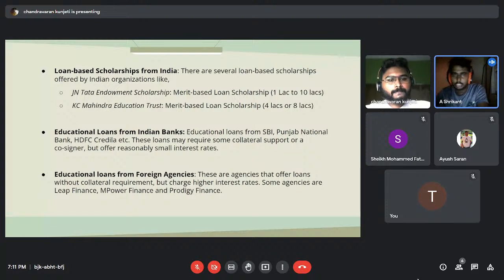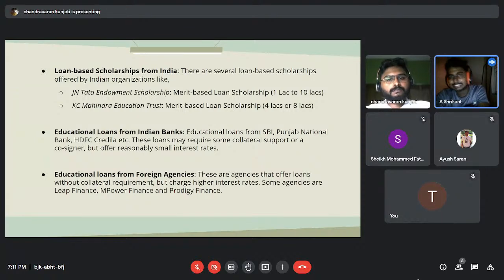As you complete one stage, they'll call you for an interview, and after that, they'll be ready to fund your MS for this specific amount, 1 lakh to 10 lakhs. And similar is KC Mahindra Education Trust. The statement is actually like this: the first three applicants will get 8 lakhs, and all the other awardees of the scholarship will get 4 lakhs.